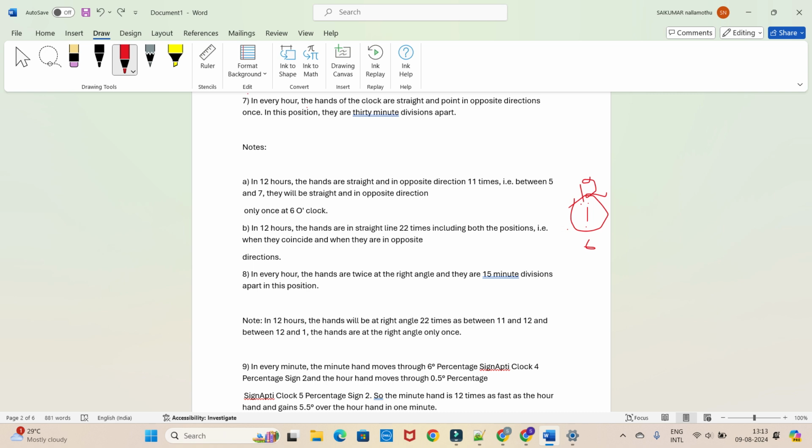Remember this point, in 12 hours the hands would be straight 22 times. Generally, in opposite direction it would be 11 times, but the times it forms a straight line would be 22 times.